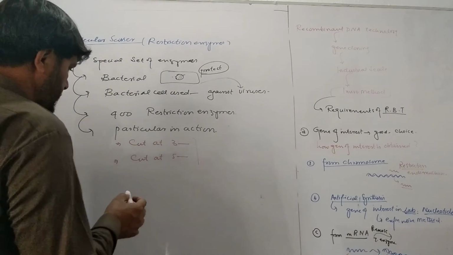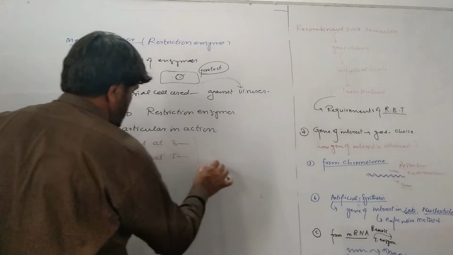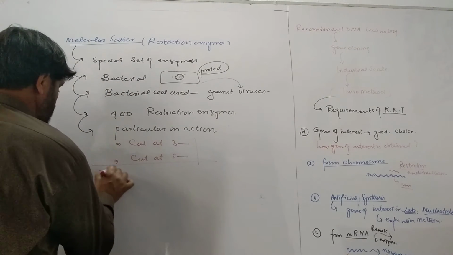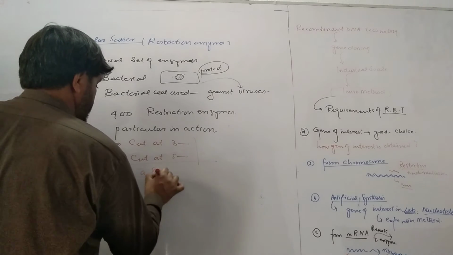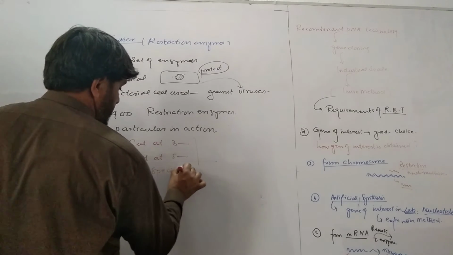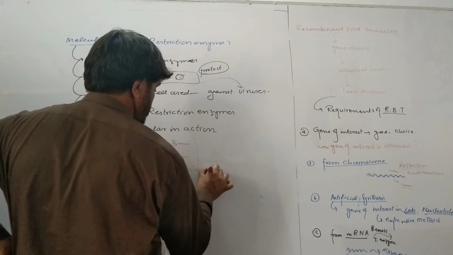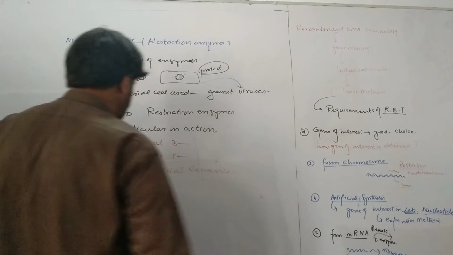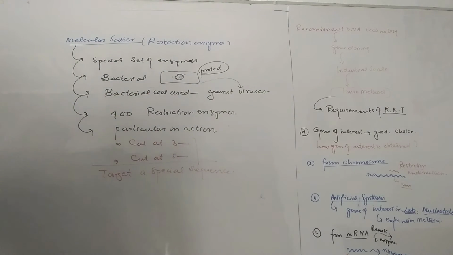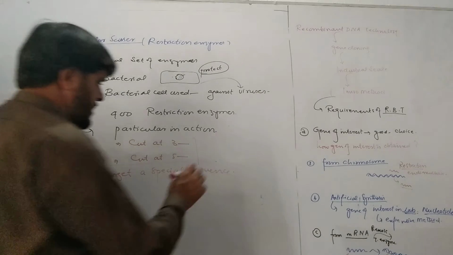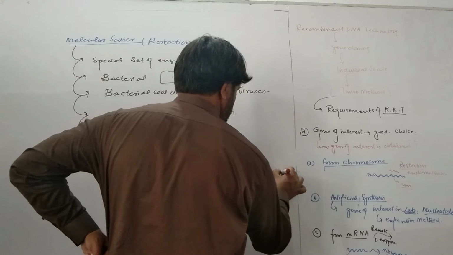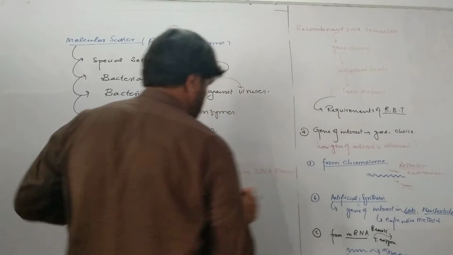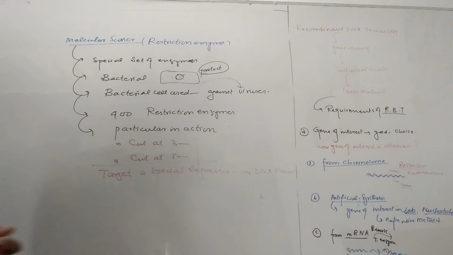There are a lot of enzymes. These enzymes target a special sequence on the DNA strand, which is called palindromic sequences.